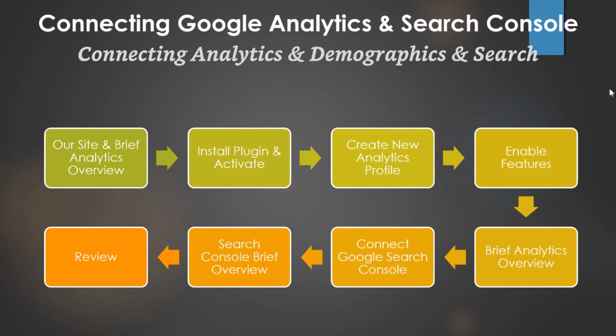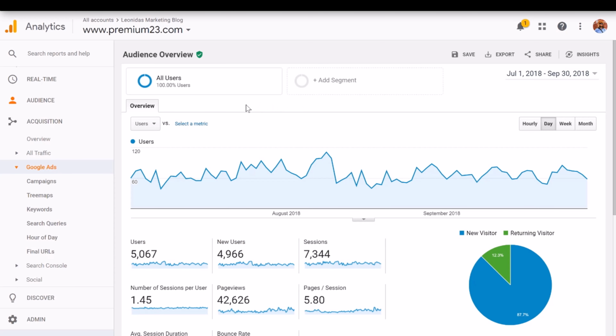So let's go ahead and look at some analytics data really quickly. So here is the Google Analytics platform. It will allow you to see a very detailed, comprehensive look at all of the data that is coming to your website, all of the traffic, from where it's coming, to what kind of devices are being used, to the search queries as well, the different keywords that people are using.